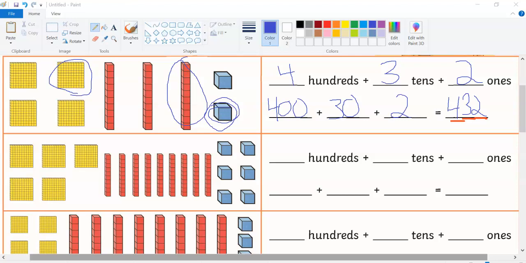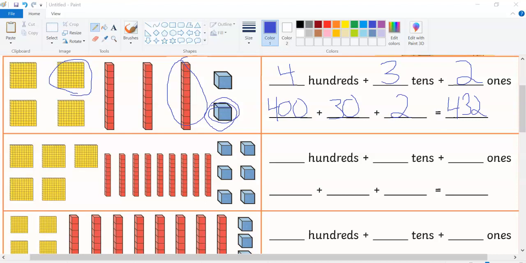Let's look at the next one, just to give you a little more practice. Again, we're going to look here. I'm going to use this pen this time. It's a little bit easier to use. So we look at our hundreds, these big blocks here. We have 1, 2, 3, 4, 5.